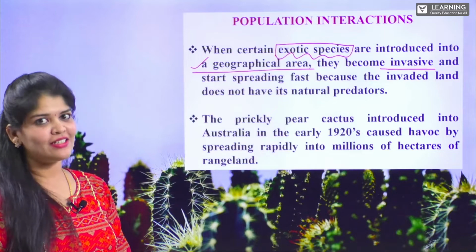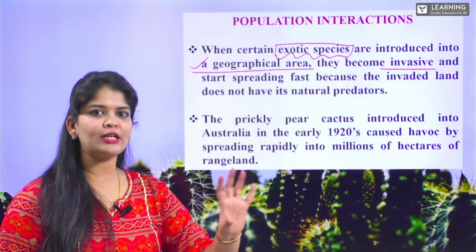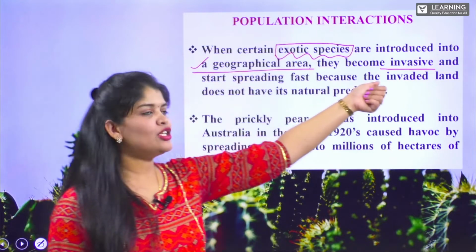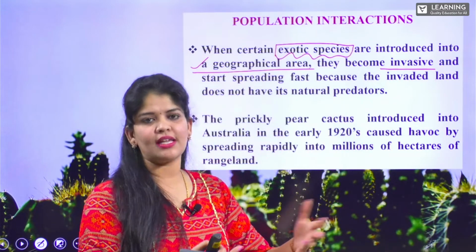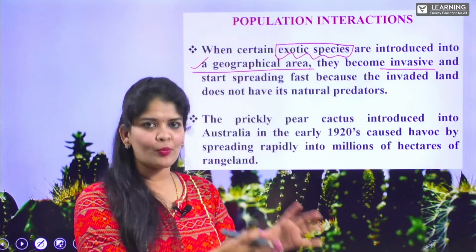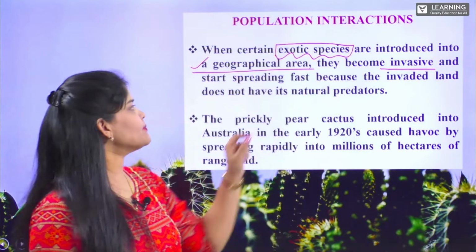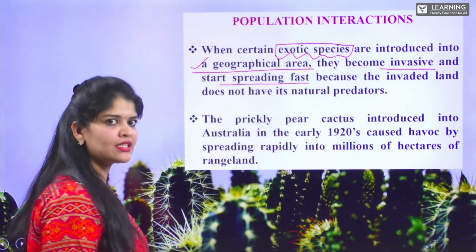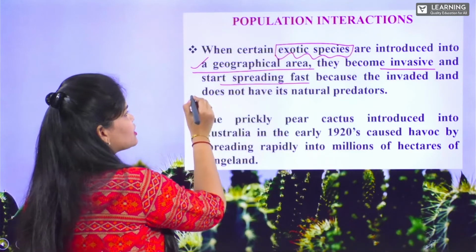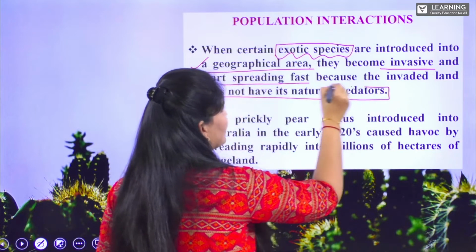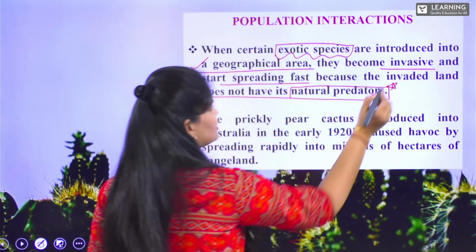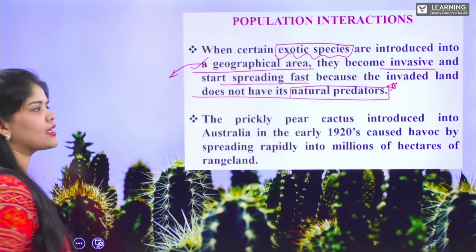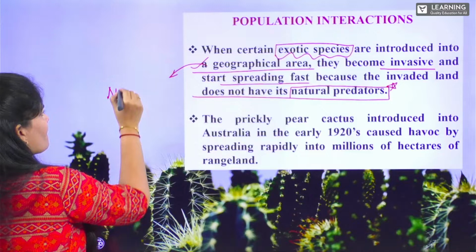Therefore, naturally, there is no presence of a predator for that particular species. Therefore, it leads to an invasive, extremely tremendous increase in their population density. It becomes invasive and starts spreading fast because the invaded land does not have its natural predators.